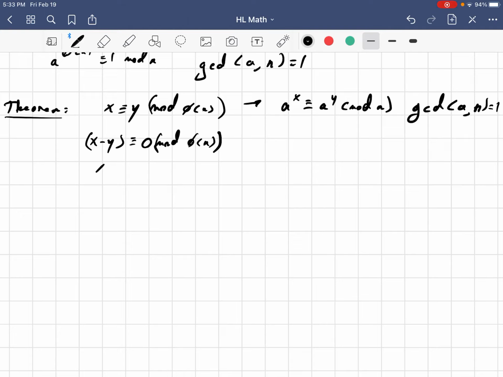And so let's write that down. x minus y is some constant k times phi of n. It's a multiple of phi of n. But that means x is equal to k phi of n plus y.